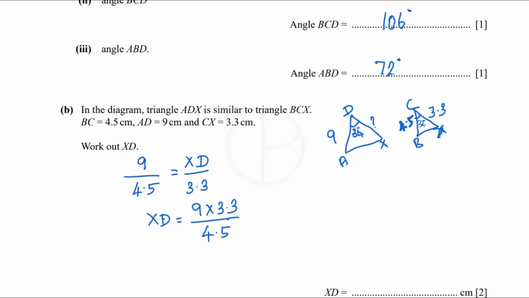This can be done easily by multiplying by 10 in the numerator as well as in the denominator. So we get 9 times 33 divided by 45. 9 goes into 45 5 times. So 33 divided by 5 will be 6.6.